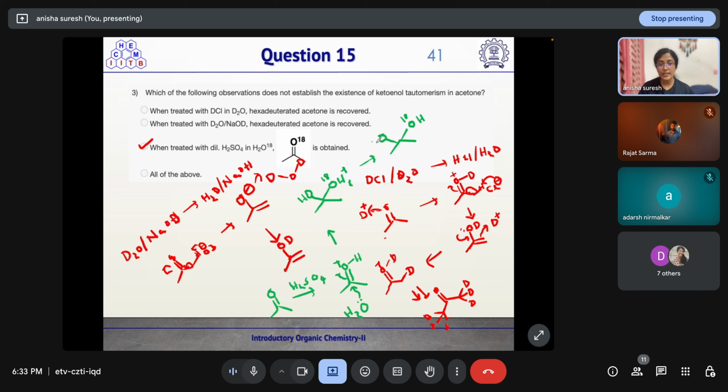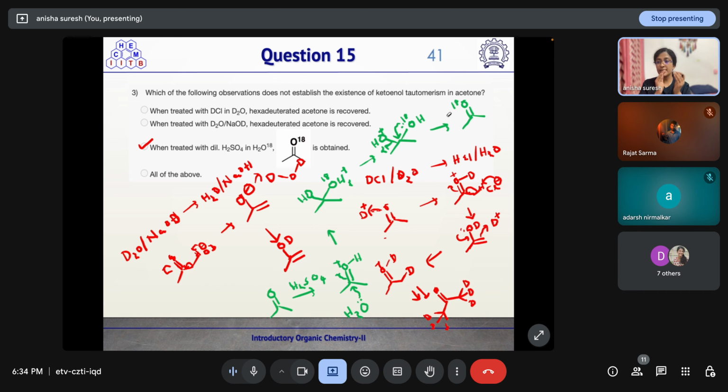Whatever hydroxyl was initially present will become OH2 plus, and once this lone pair folds, the water will get eliminated, leading to formation of O18 after deprotonation. So this compound results from addition of H2O18 onto protonated acetone.